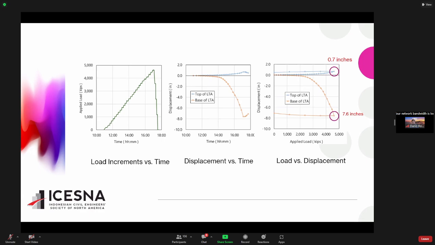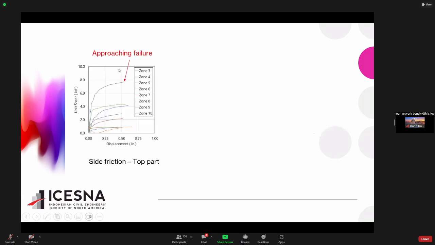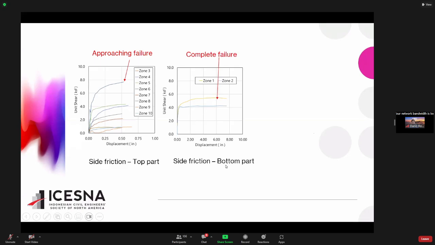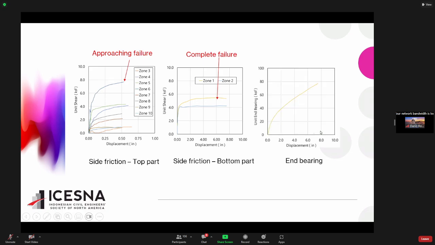This is the measurement from the strain gauges. This is the top of the pile, where they measure the displacement and unit shear. This is what you measure at the bottom, zone 1, zone 2. It shows that this part is not quite failed yet, almost failed, but the bottom part has completely failed already. This is the displacement for end bearing, the tip.